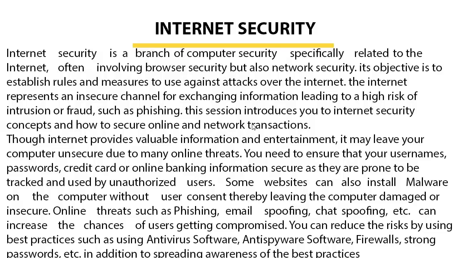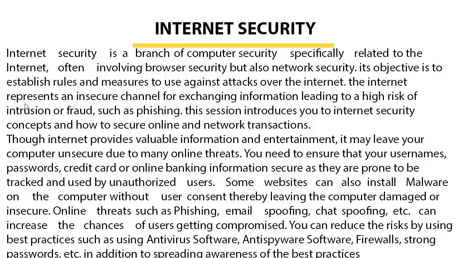Then you have internet security. Internet security is a branch of computer security specifically related to the internet, often involving browser security but also network security. Its objective is to establish rules and measures to use against attacks over the internet.